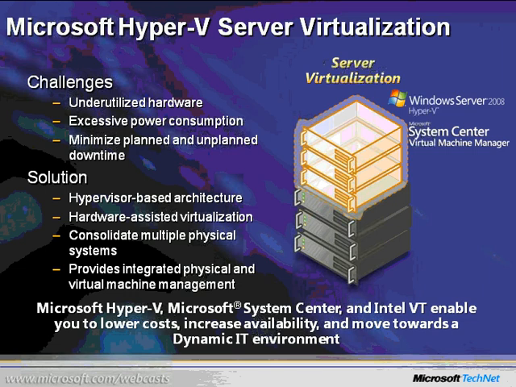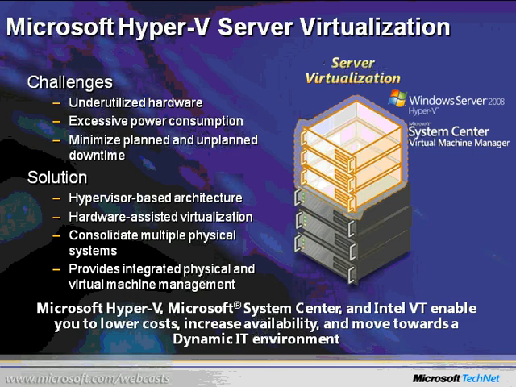Pairing up that hypervisor-based architecture, which in software has been optimized for secure and efficient virtualization of multiple workloads, with hardware-enabled technology like the Intel VT hardware-assisted virtualization features, together combine a solution that allows us to squeeze as much out of our existing physical servers as we possibly can. In fact, the overhead today with Hyper-V and Intel VT together is very minimal. In many cases, it's not even measurable.